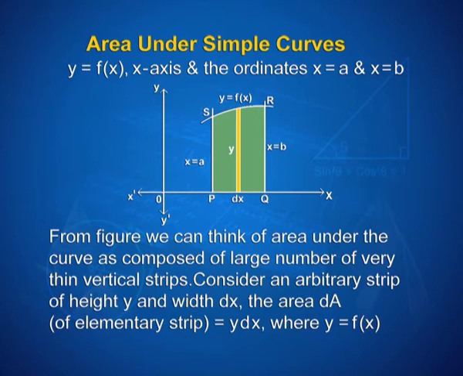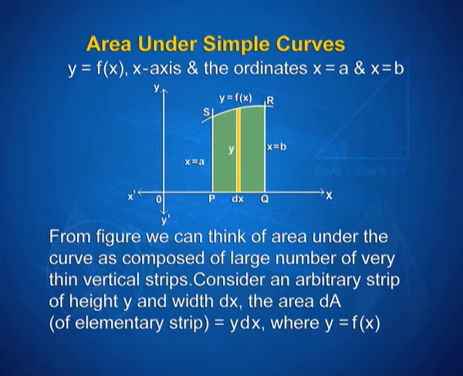From the figure, we can think of the area under the curve as composed of a large number of very thin vertical strips. Consider an arbitrary strip of height y and width dx. The area dA of the elementary strip is equal to y dx, where y = f(x).